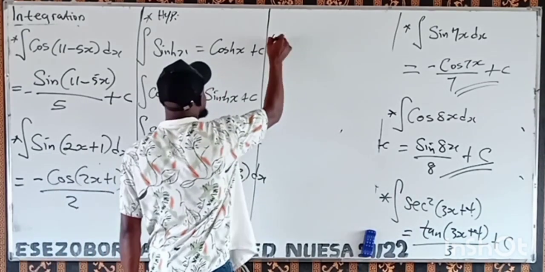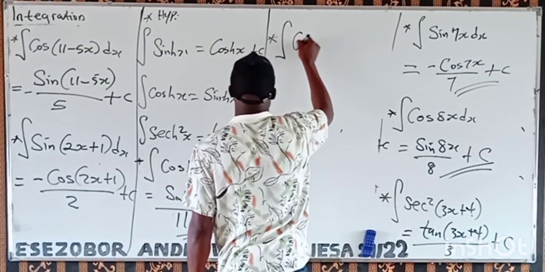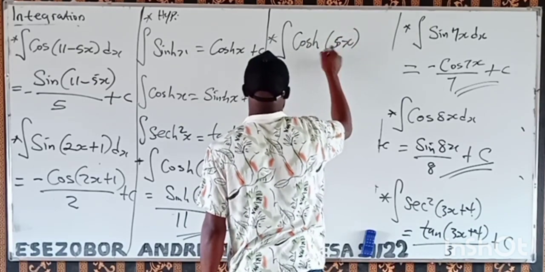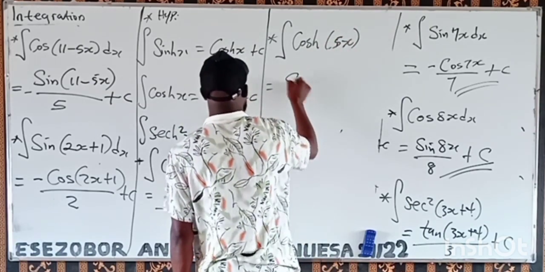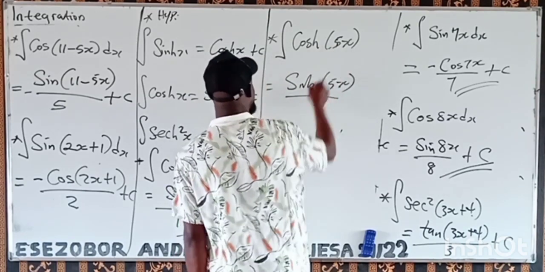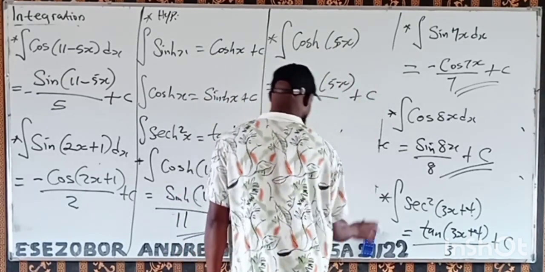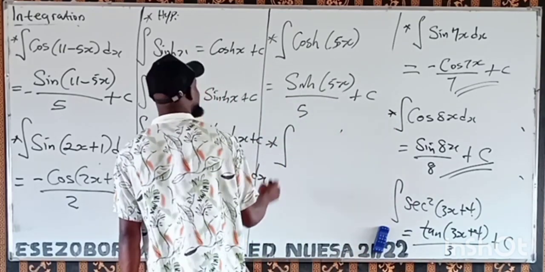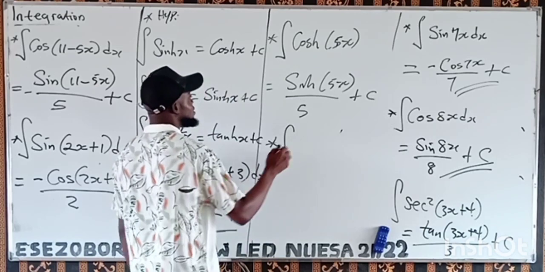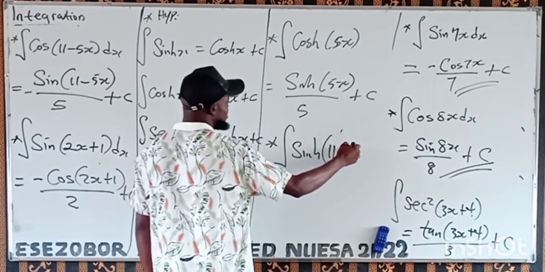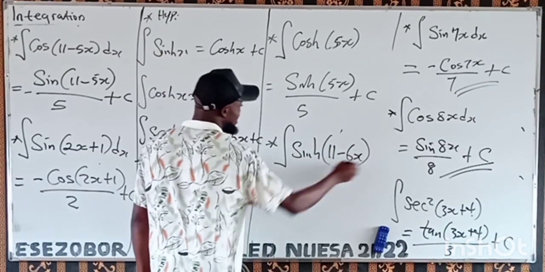Let's say integrate cosh 5x. Integrate cosh 5x, I'm going to have sinh 5x over the derivative of 5x, I'm going to have 5, plus c. So that is very, very important. The whole idea: if I say integrate sinh (11 minus 6x), what will be the answer?